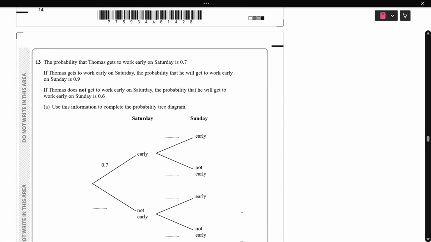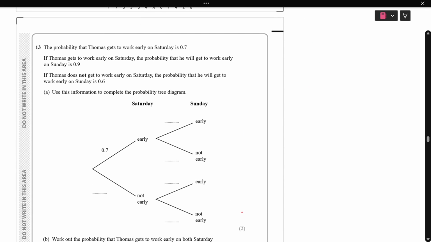Okay, the next question is the 13th question. The probability that Thomas gets to work early on Saturday is 0.7. If Thomas gets to work early on Saturday, the probability of getting up early on Sunday is 0.9. If Thomas does not get up early on Saturday, the probability that he will get up early on Sunday is 0.6.